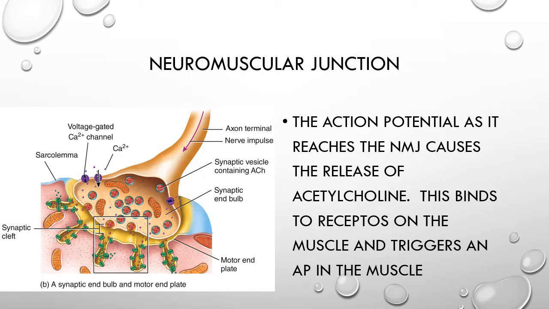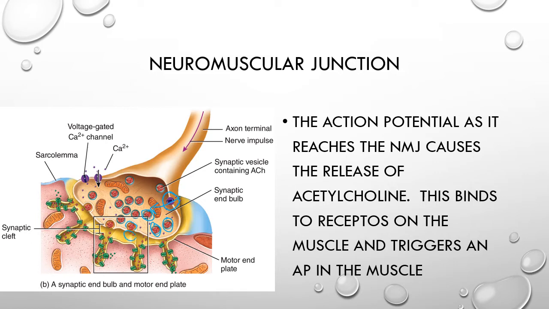So at that neuromuscular junction, we have the action potential ending here in the end bulb. As it comes to the end bulb, this is going to cause voltage-gated calcium channels to open up, and calcium is going to rush to the inside of the cell. As calcium rushes in, this is going to cause vesicles containing a chemical called acetylcholine to move to the end of the end bulb and become exocytosed.